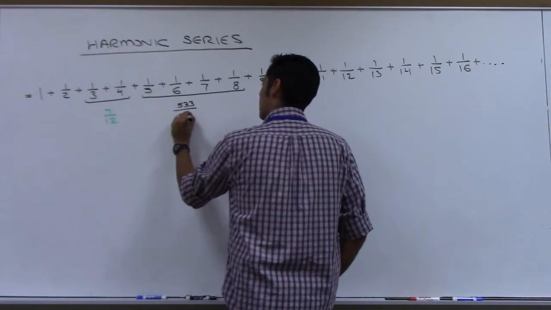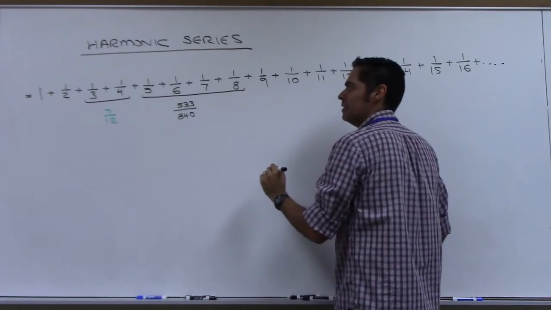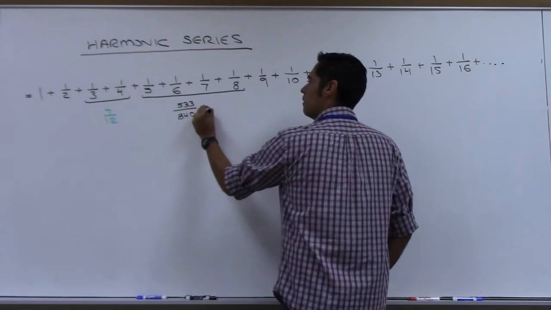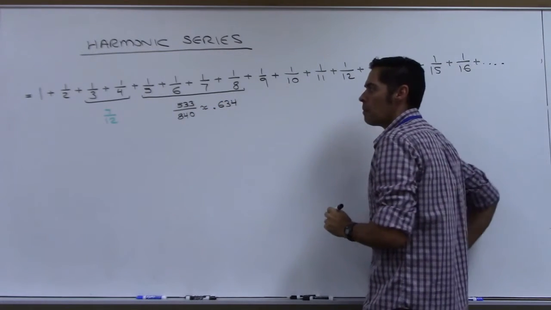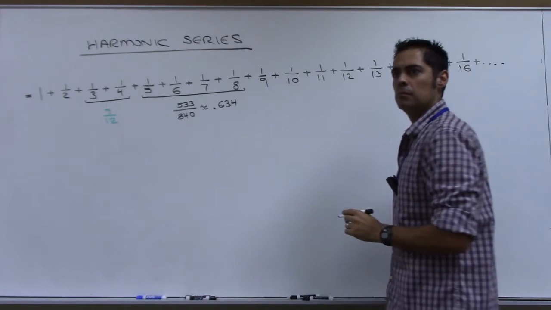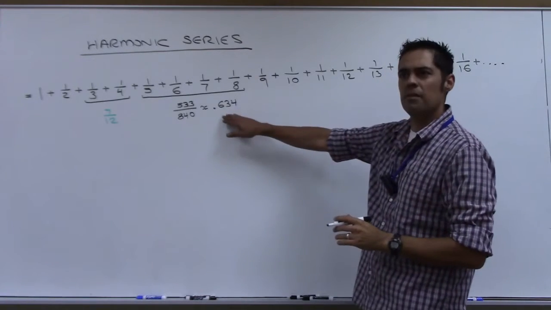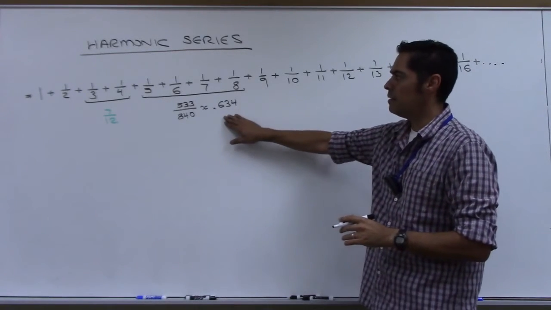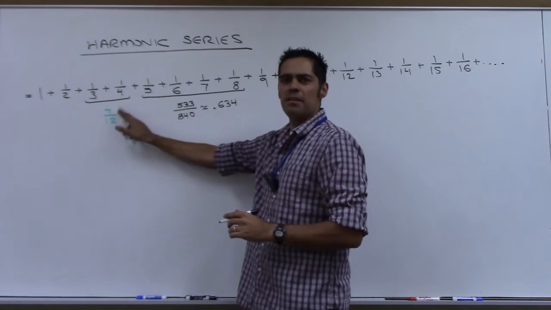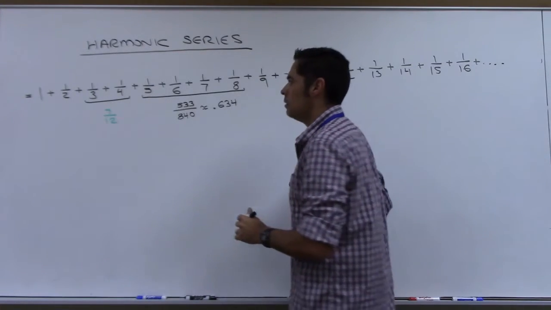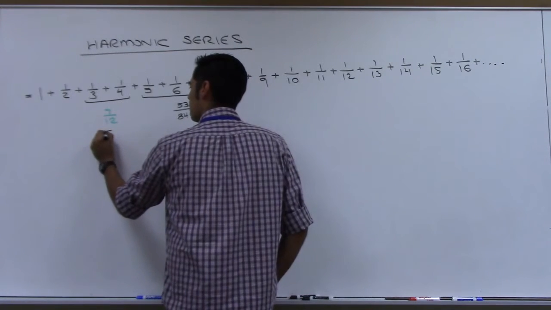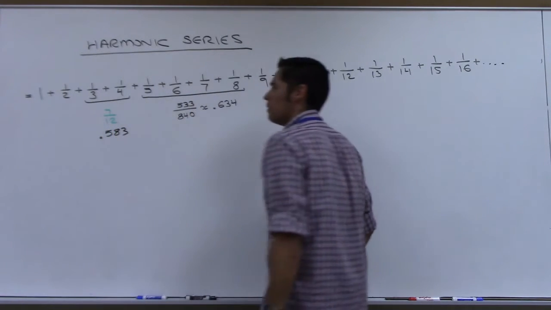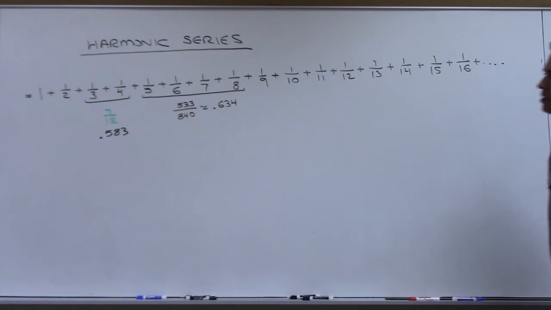All right, can you give me that as a decimal? 0.634, something like that, and then there's a dash on top of it. Okay, this is fine. This is what I was hoping for. 7/12, go ahead and give me that as a decimal too. 0.583, and then there's a dash on top of it. Okay, we'll just take those.